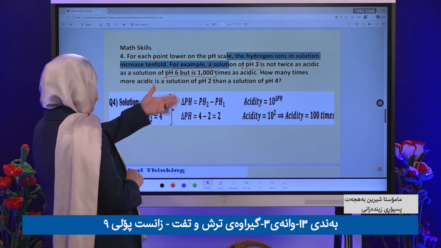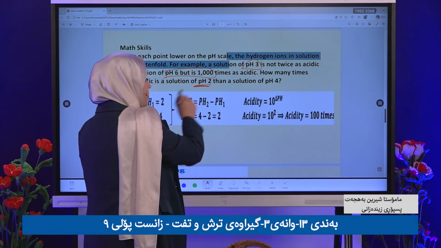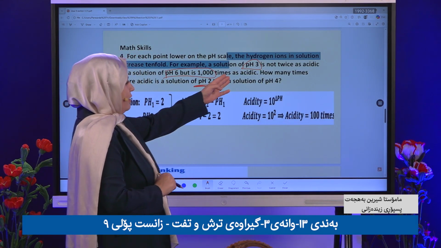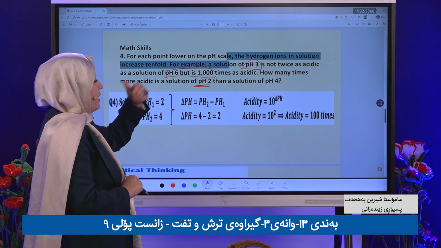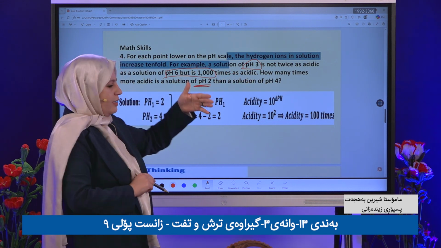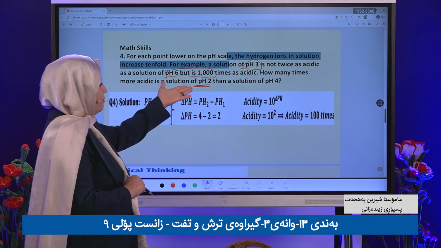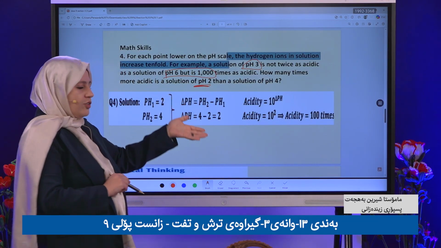How many times more acidic is a solution of pH 2 than a solution of pH 3?